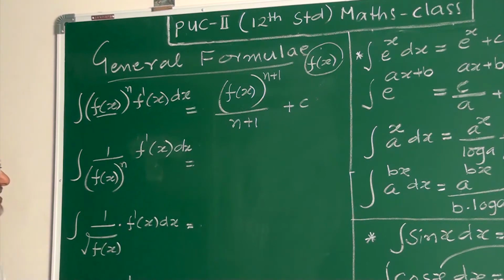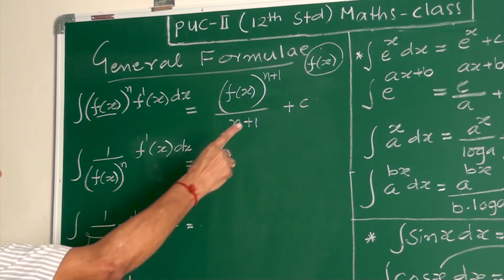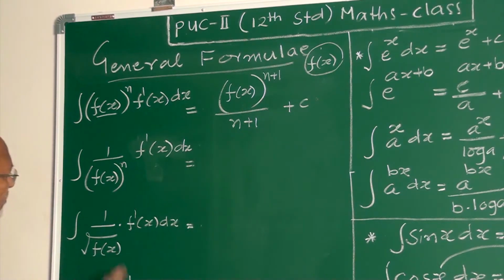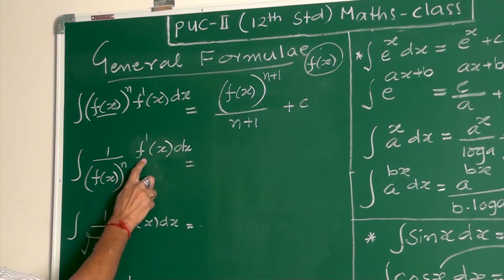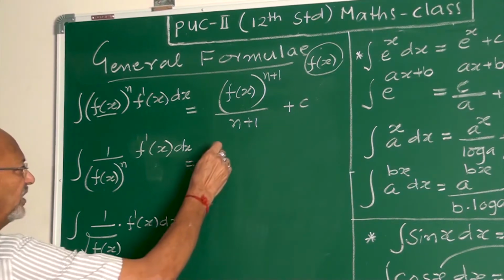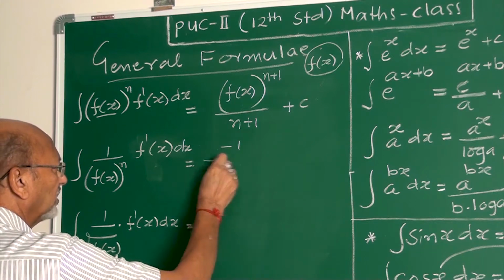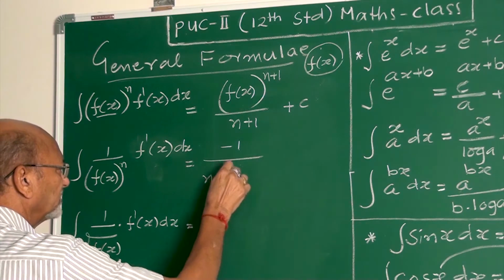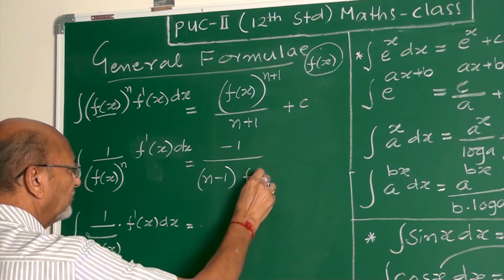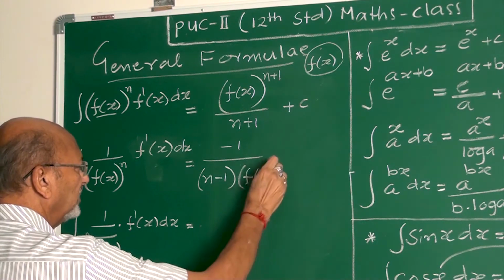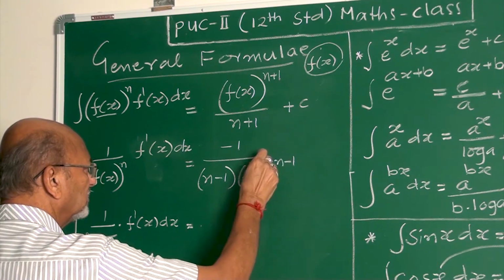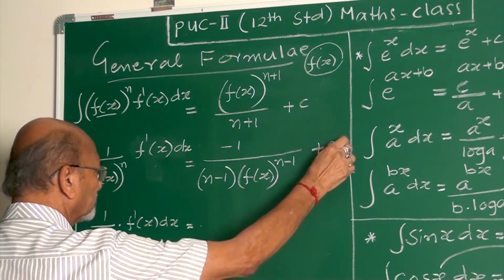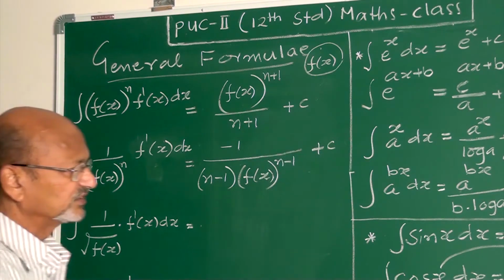If it is x, as the derivative of x is 1, no need to write it. If it is other than x, it needs its derivative. Apply the same formula. I told, minus 1 upon 1 power less, n minus 1, into f(x) to the power n minus 1, plus c.